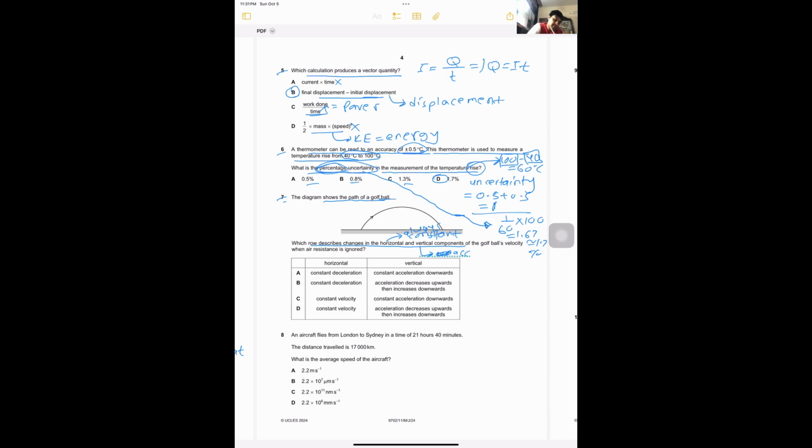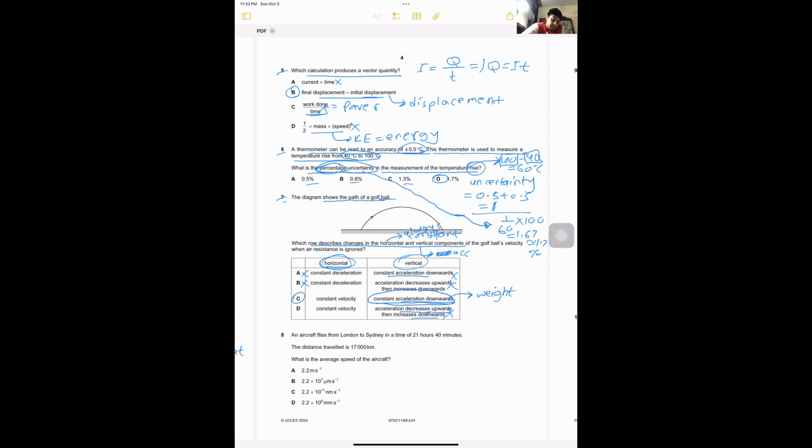So for horizontal it is constant velocity, so A and B are wrong, and constant acceleration down, those two are wrong as well. Constant acceleration downward, acceleration decreases upwards then increases downwards, that is actually wrong. It is a constant acceleration which is downwards, and that occurs due to the weight, right? So the answer is C.